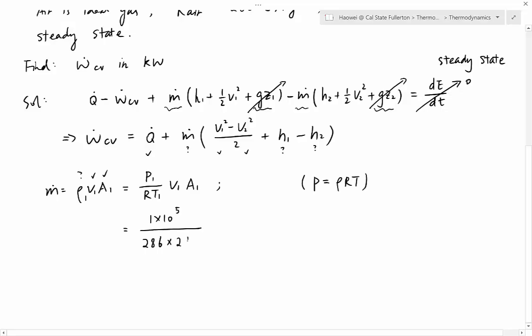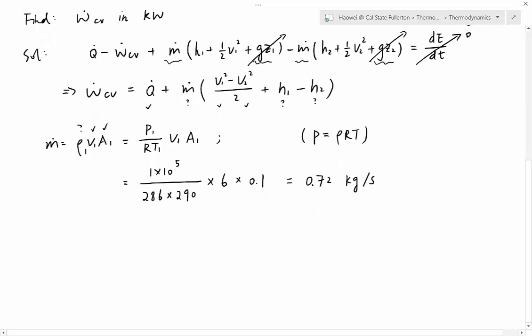T1 is given as 290 Kelvin, SI unit, multiplied by V1, 6 meters per second, multiplied by A1, 0.1 meter squared. Everything is in SI unit, so the solution for mass flow rate is 0.72, and the unit must be SI, so kilograms per second. So now we're done with mass flow rate.